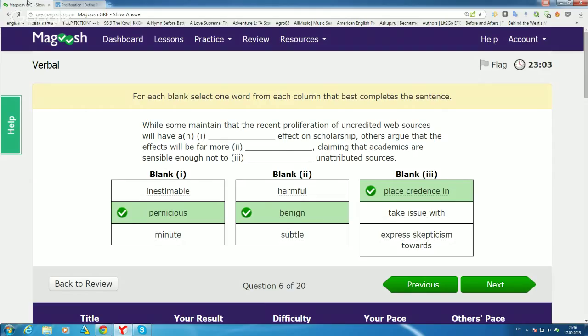Okay. Believing that researchers are sensible. Do you understand that section, sensible enough? John, you have to stop mumbling. I don't know what you're saying. I understand it. Well, explain it to me.